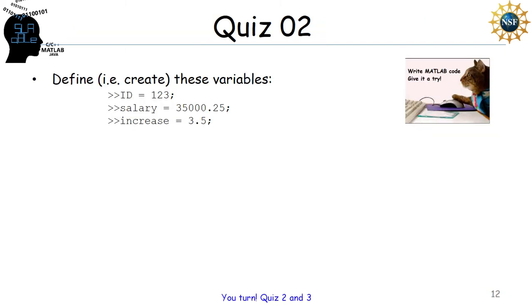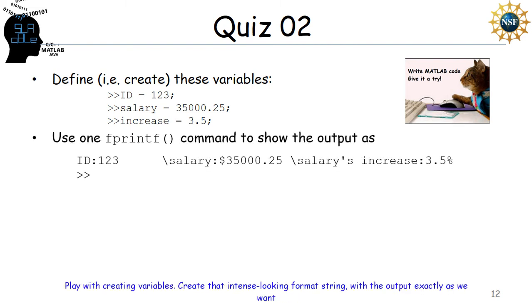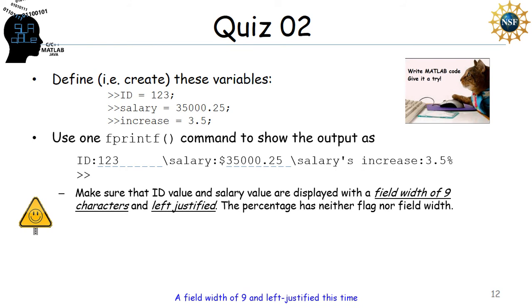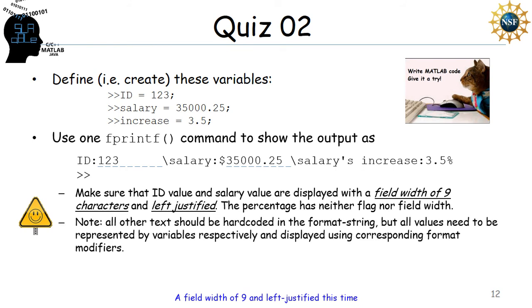Your turn, quiz 2, and then quiz 3 will come immediately after. Play with creating variables and kind of making that format string intense looking, but the output is exactly what we want. A field width of 9 and left justified this time.